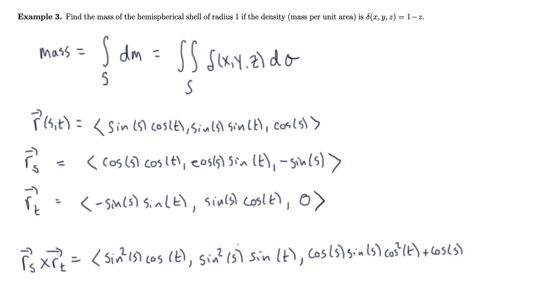So that's just going to give me a 1 here. So we're just left with cosine S sine S. And again, that's because we get the same thing with the cosine squared, and then the same thing plus with the sine squared. And there we go. So what's the magnitude here?